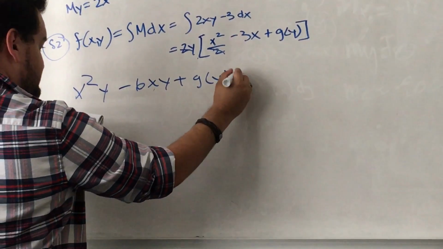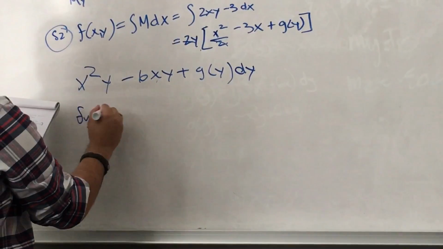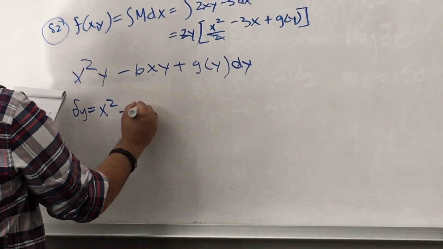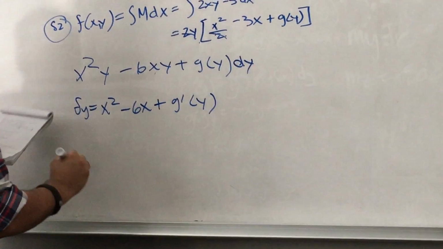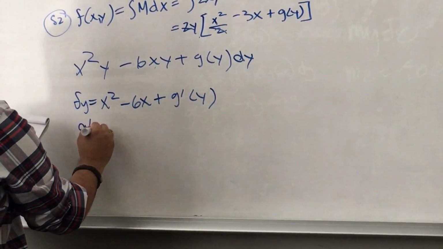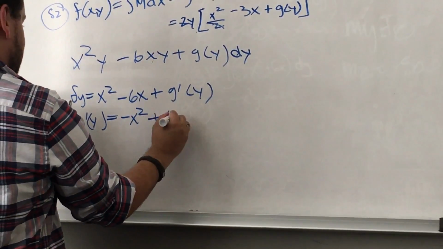And then we find a derivative with respect to y. So f of y equals x squared minus 6x plus g prime of y. g prime of y equals negative x squared plus 6x.